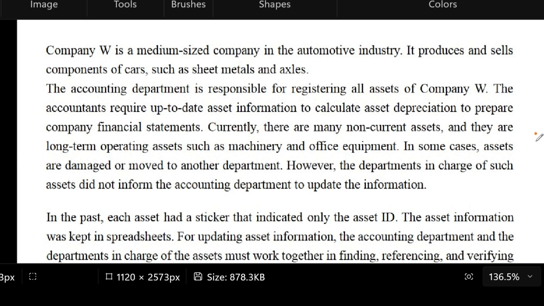Currently, there are many non-current assets, and they are long-term operating assets such as machinery and office equipment. In some cases, assets are damaged or moved to another department. However, the departments in charge of such assets did not inform the accounting department to update the information.